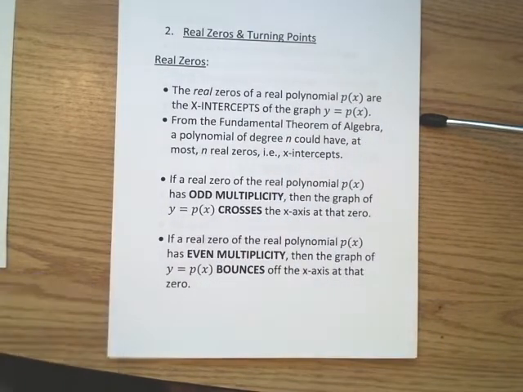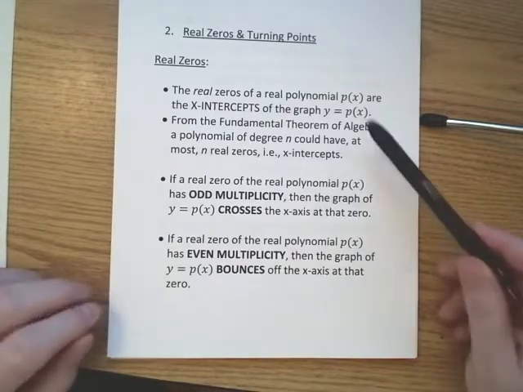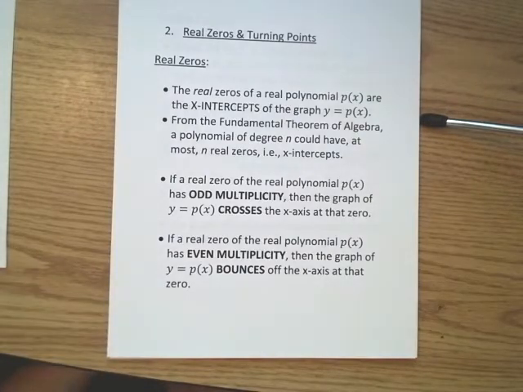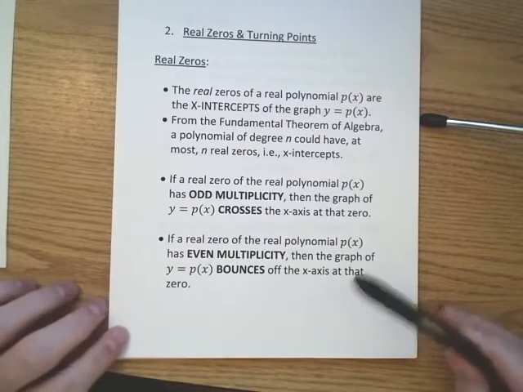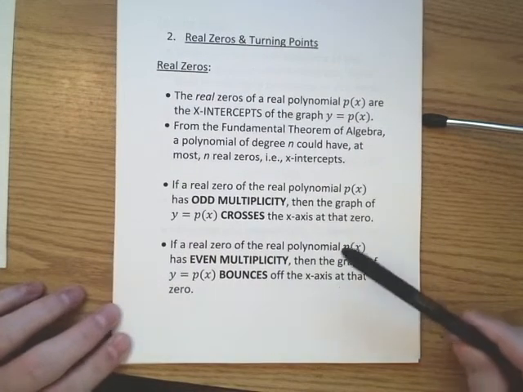Even a real polynomial may have complex zeros. We're not going to be concerned with those because those don't appear on the real number line. If you were going to do the whole thing, you'd actually need 4 dimensions to talk about values of polynomials at complex values, and we don't have that many dimensions available to us here.